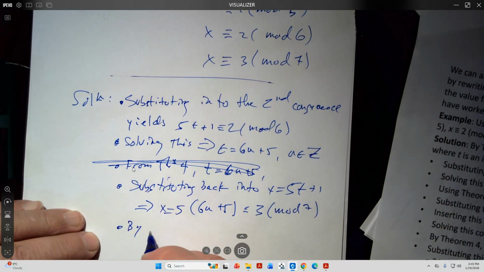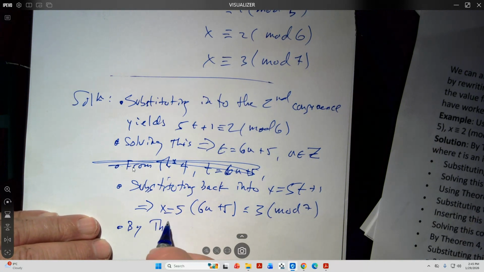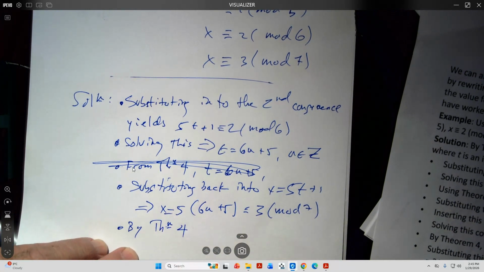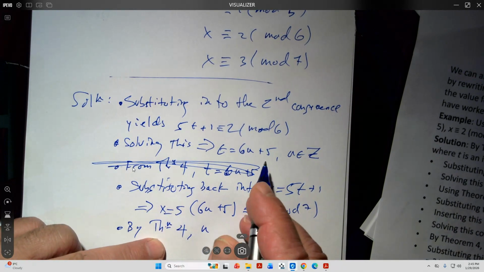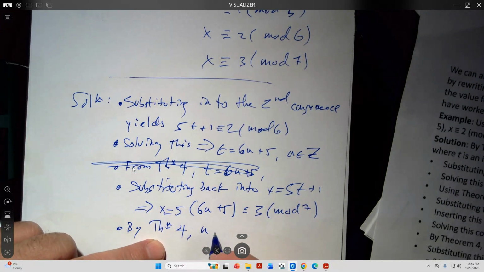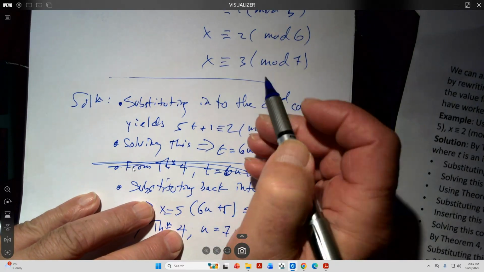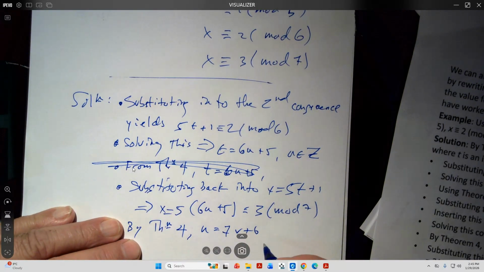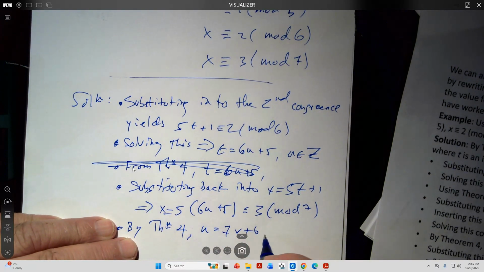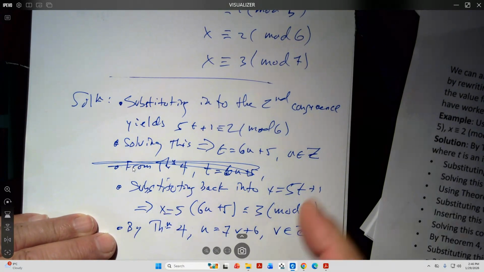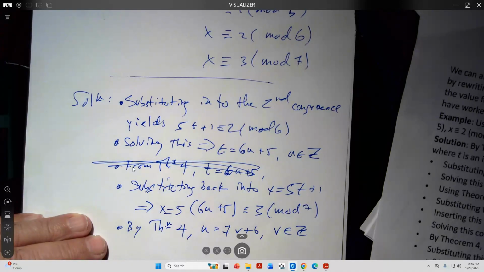By theorem 4 again, u equals 7v plus 6, where v, again, is an integer. All right, so this is the last substitution.